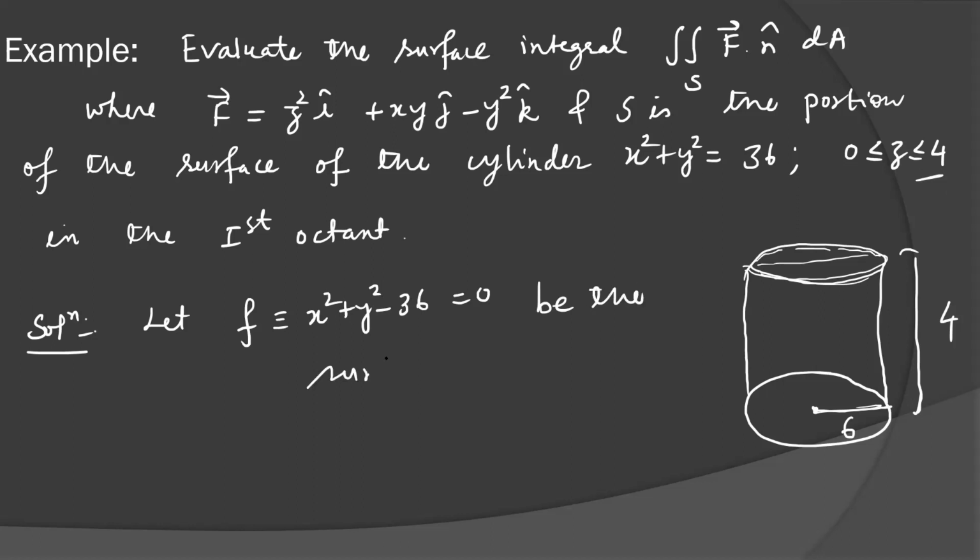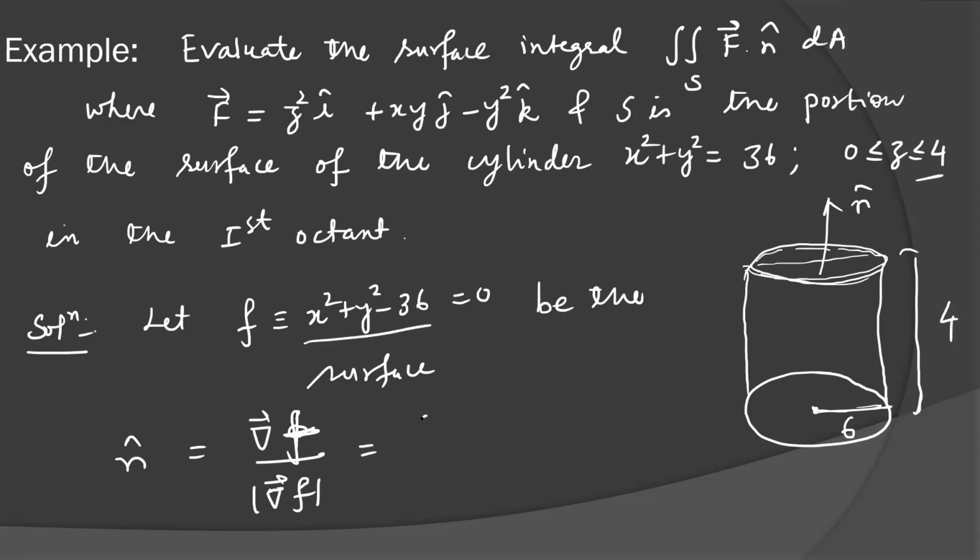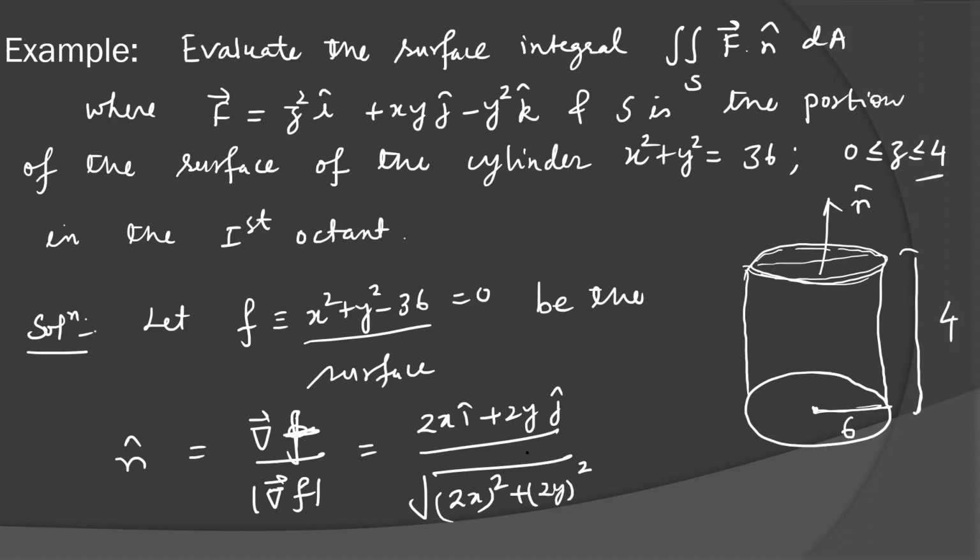And you know how to take the unit normal vector n cap. n cap is given as grad F over magnitude of grad F. So the gradient of F will be 2x i plus 2y j. Now if you take the magnitude, it will become the square root of 4x square plus 4y square.